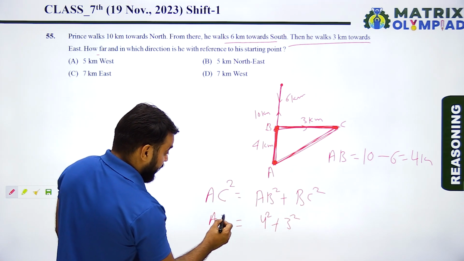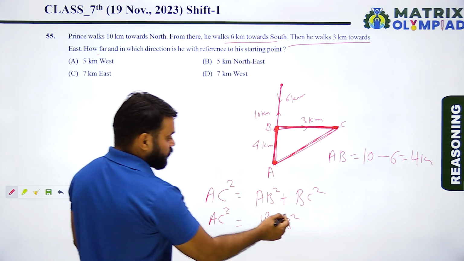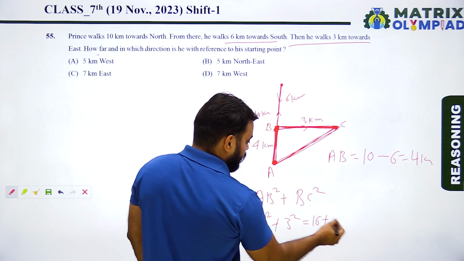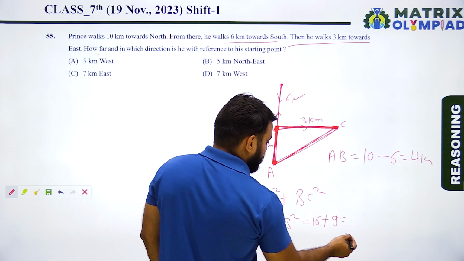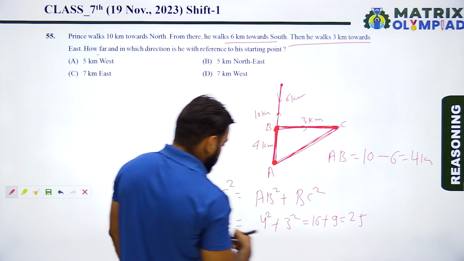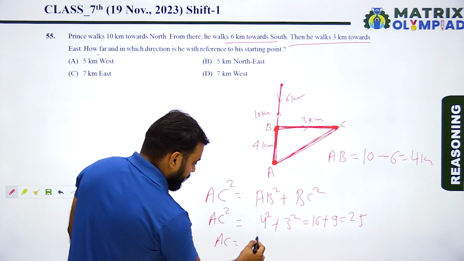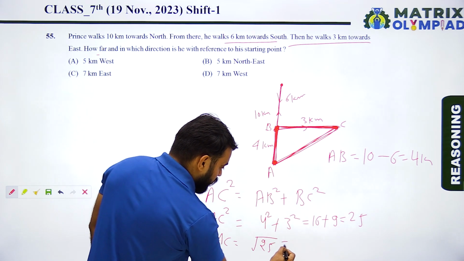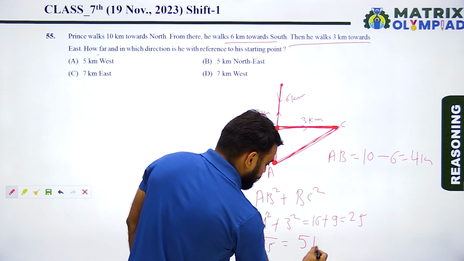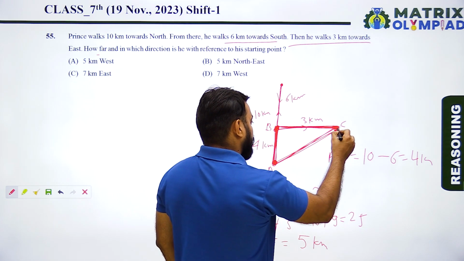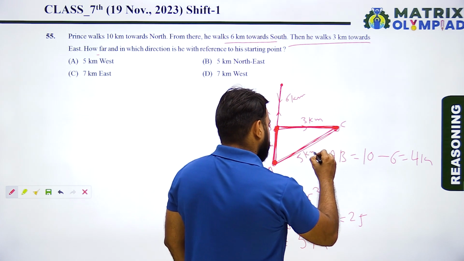So AC square is equal to 4 square plus 3 square, which is 16 plus 9, that is 25. AC is root 25, which is 5 kilometer. So the distance between starting point and end point is 5 kilometer.